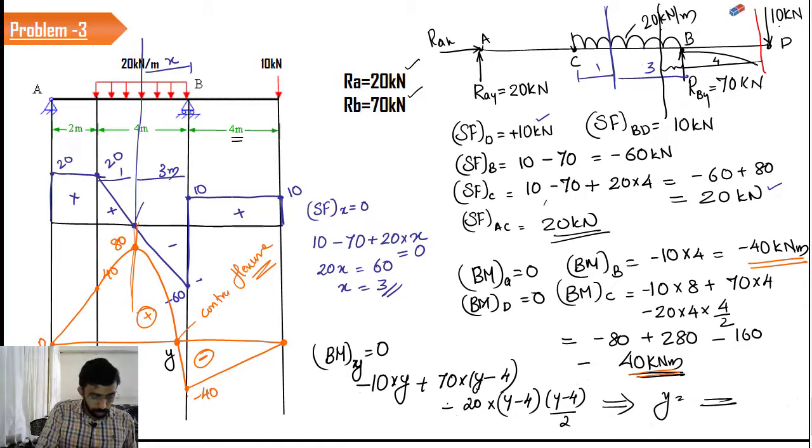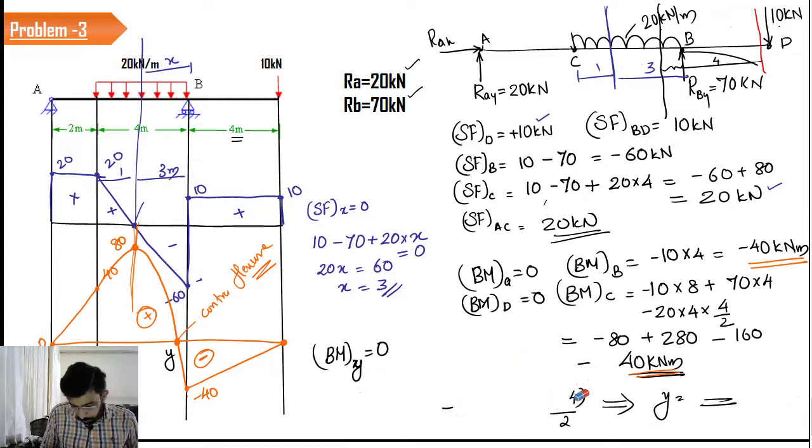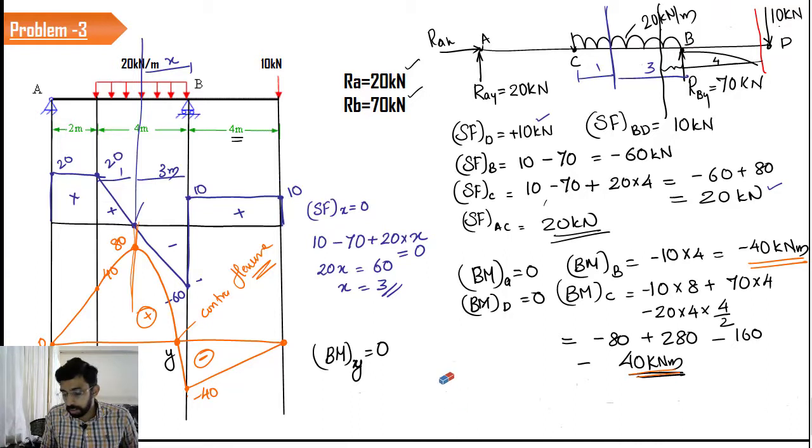See, there is another methodology. I will change the y. Let us say this is equal to y. Previously I have taken this as y. Now I have taken this as y. So what will be the equation? So sorry.